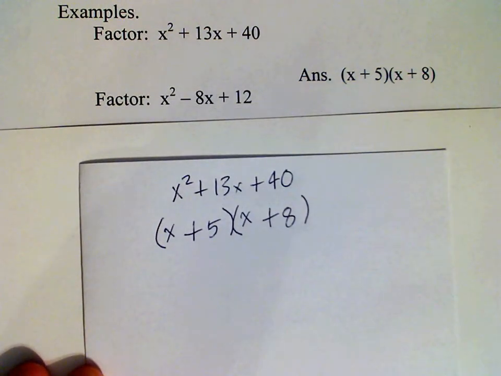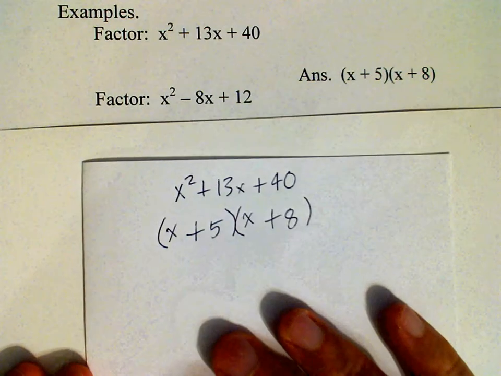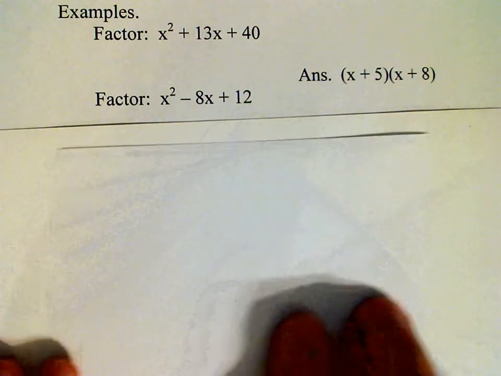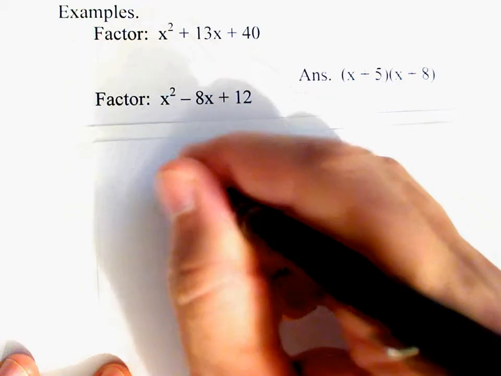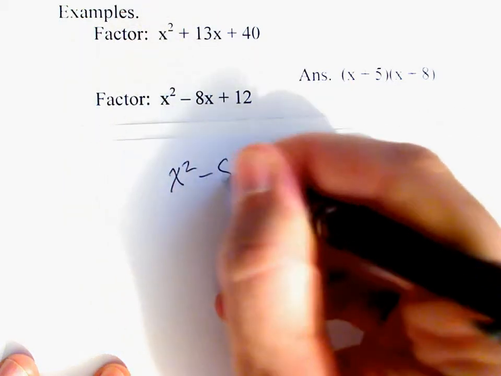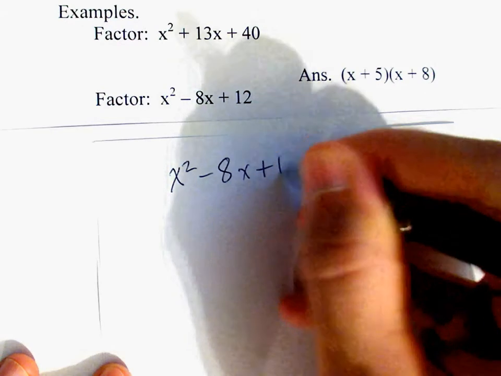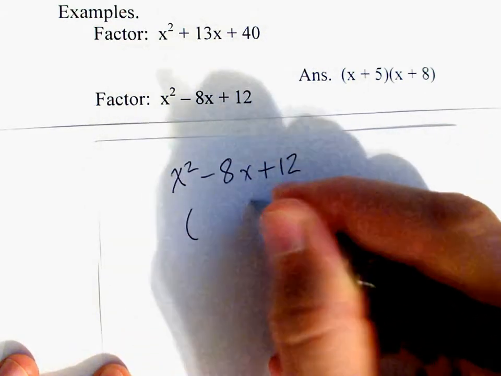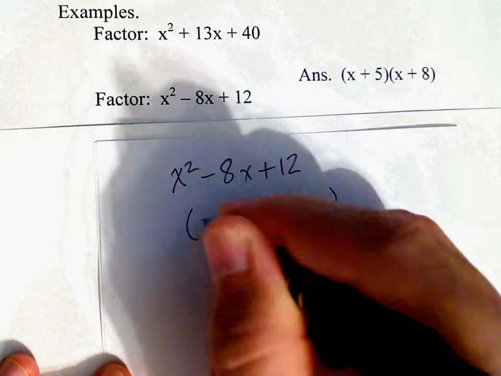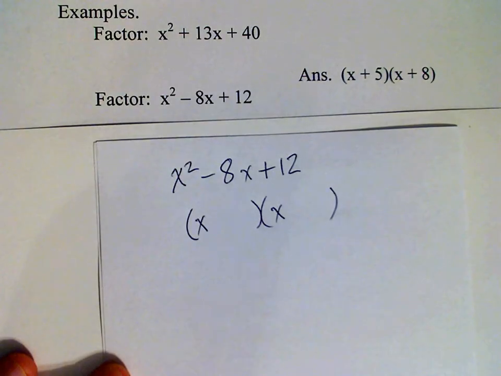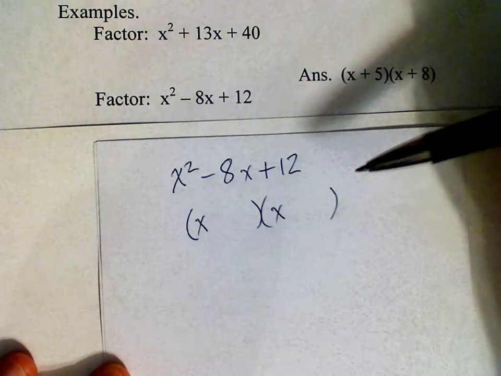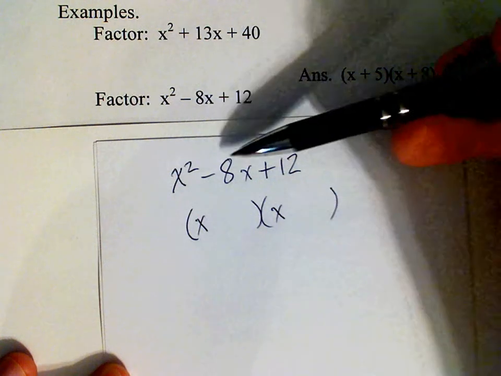Okay, next example, x squared minus 8x plus 12. Again, two sets of parentheses. We have an x here and an x here. And then we need factors of 12 that would add up to negative 8.